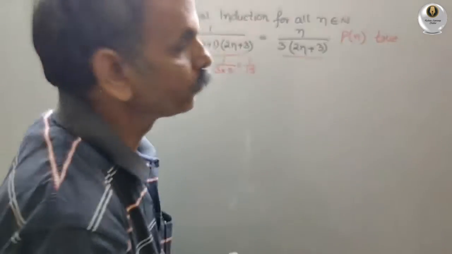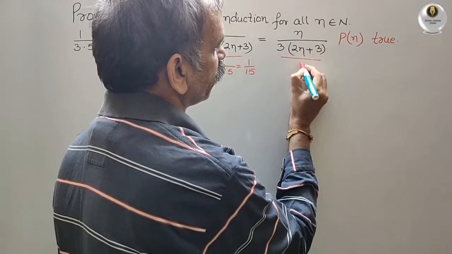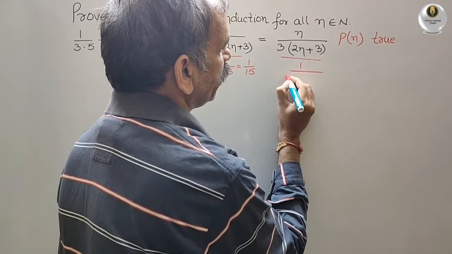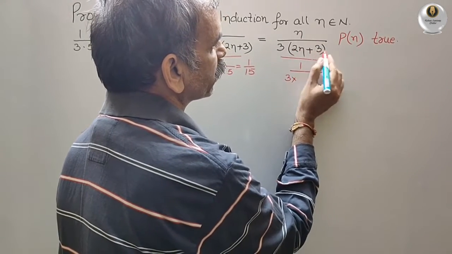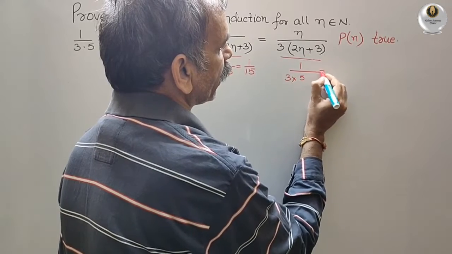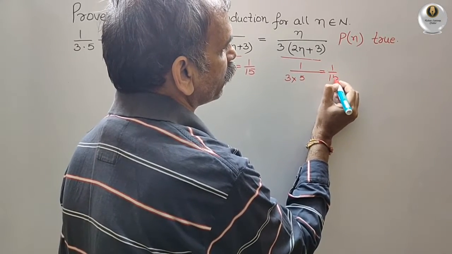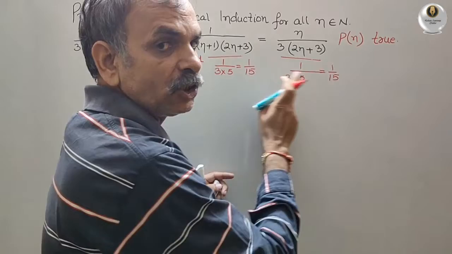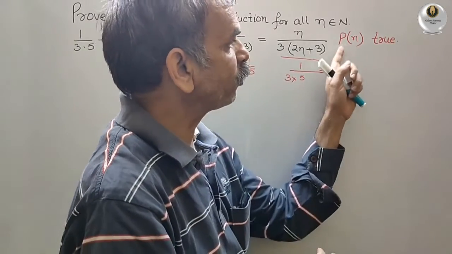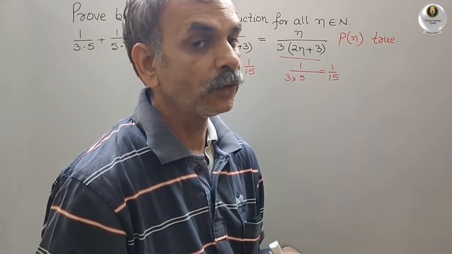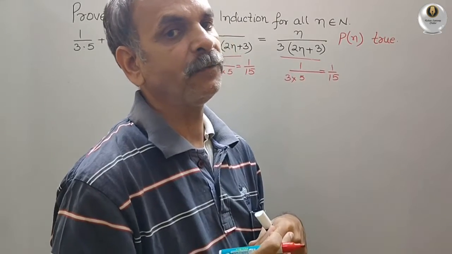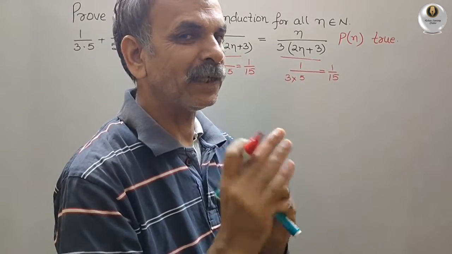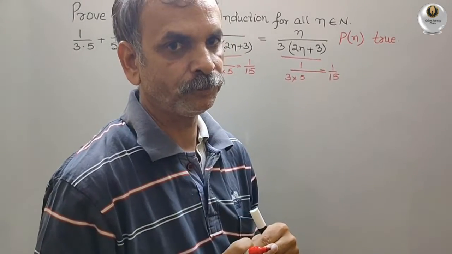Here also, what will you get? 1 by 3 into 5, again you will get 1 by 15. Now LHS is equal to RHS. Therefore P1 is true.